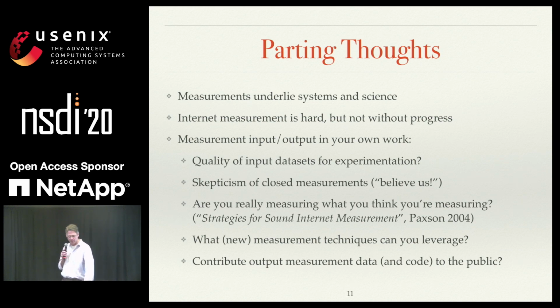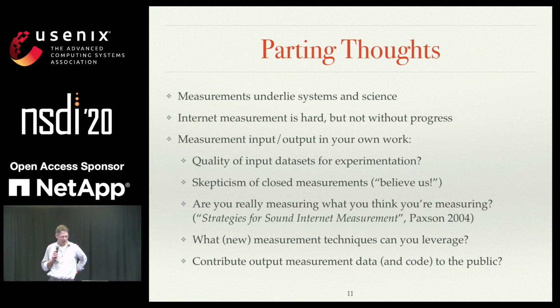There's a great paper, if you haven't read it, it's now sort of a classic paper by Vern Paxson from 2004 called Strategies for Sound Internet Measurement. And something that's really nice in this paper, well, there's many things that are nice in this paper, but you really want to be sure that what you're measuring is what you think you're measuring, and often it's not. And Vern runs through some really great examples of how you can run afoul of this sort of misconception.